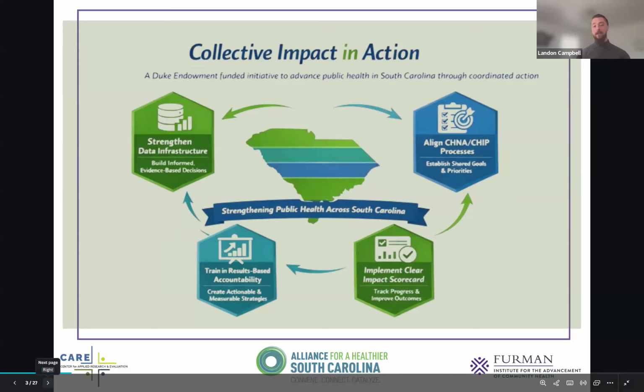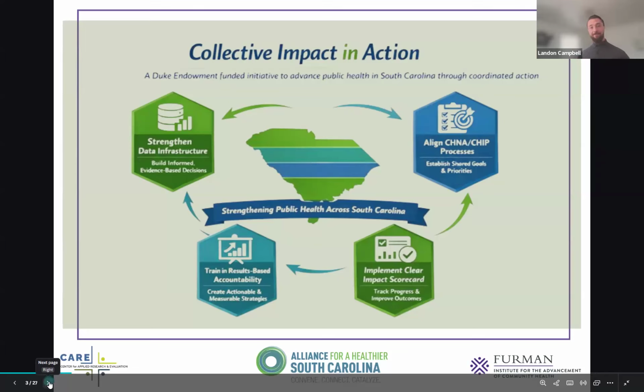We're also aligning the CHNA and CHIP processes, establishing shared priorities and coordinated goals across our communities. We're also training in results-based accountability and its framework, to create a common language, a common agenda, and translate plans into actionable strategies and measurable outcomes. And finally, we implement a clear impact scorecard. This helps us to monitor progress, increases the transparency of what we're doing, and drives continuous improvements across the board.